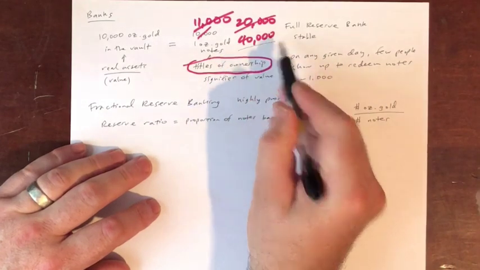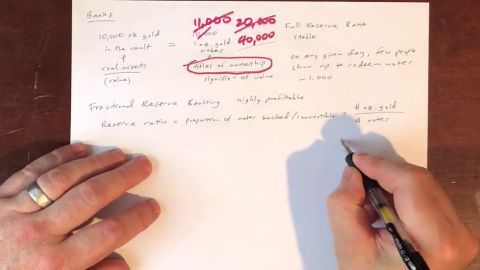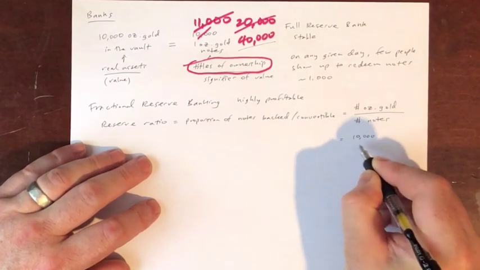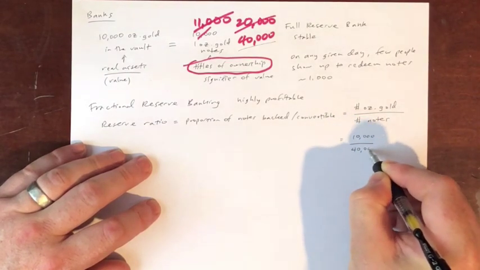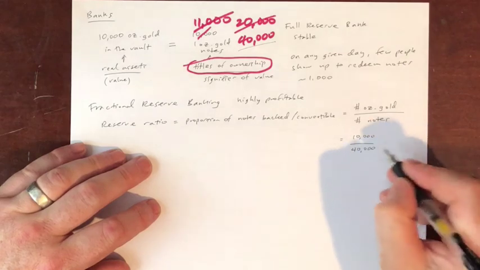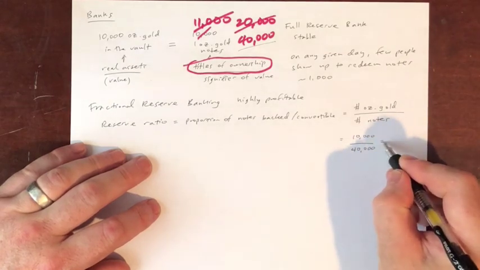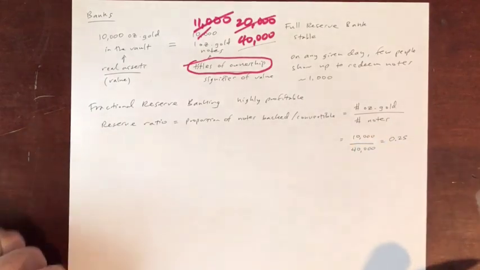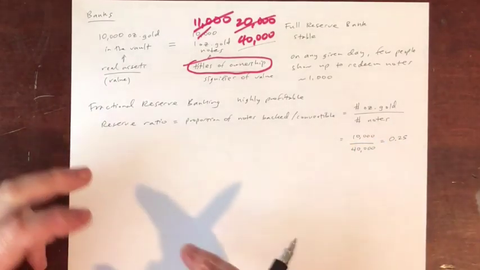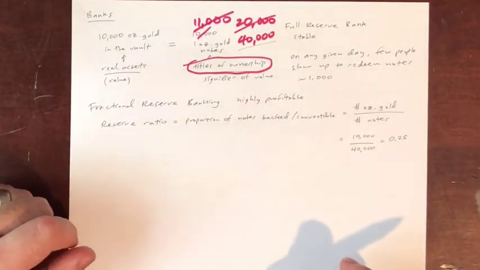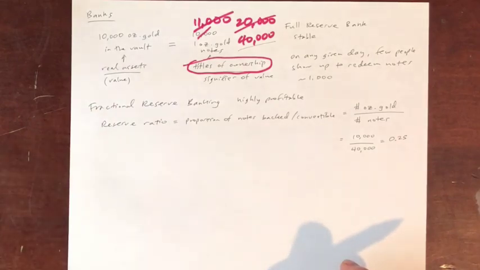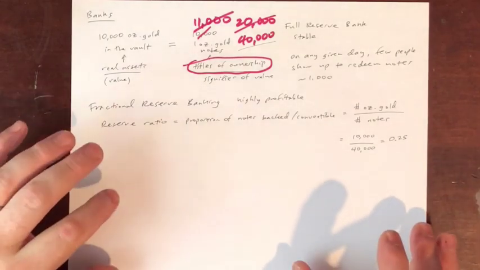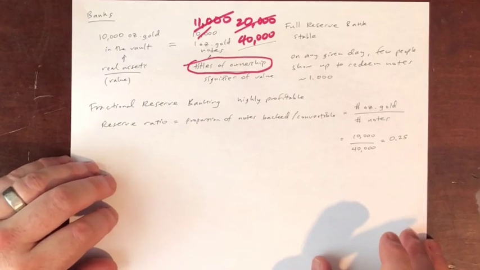But where we end up, when we're at 40,000, would look like this: we've got 10,000 ounces of gold and 40,000 notes or claims on that gold. And so the reserve ratio then settles at 0.25. And that's historically accurate.